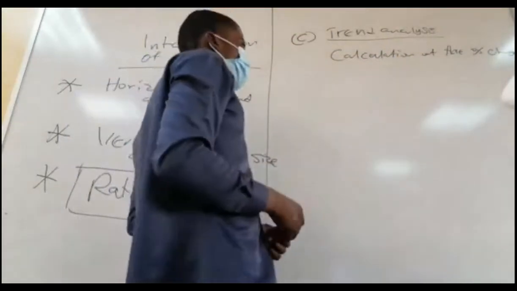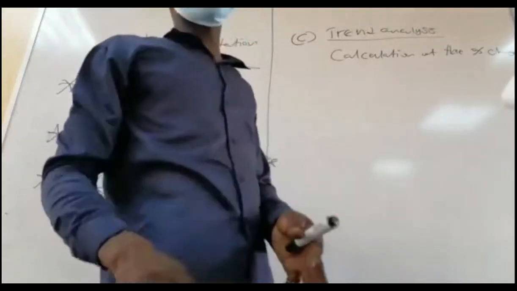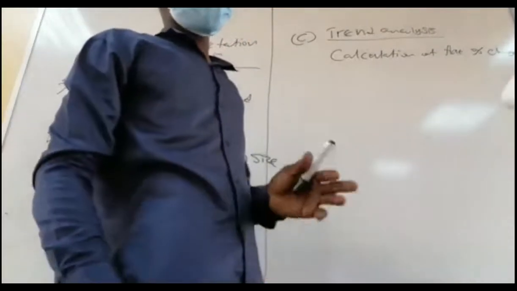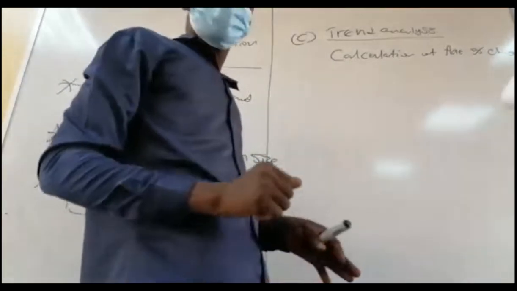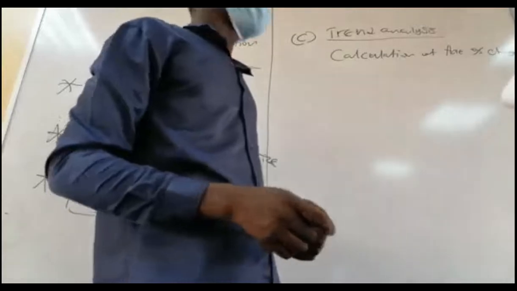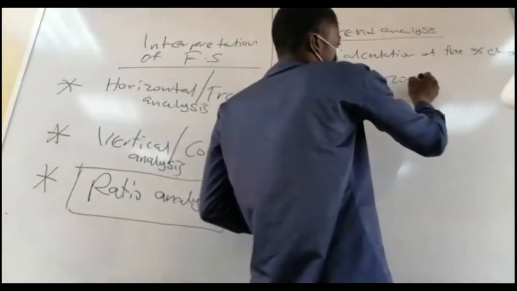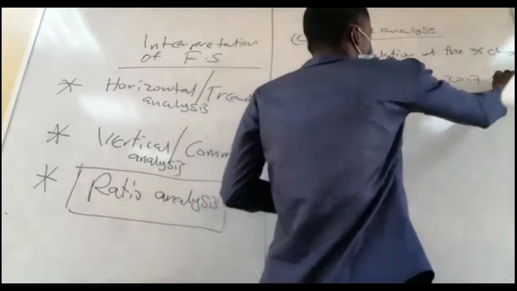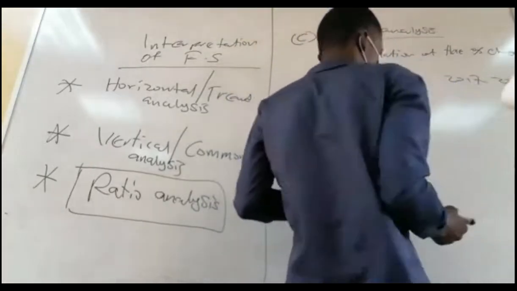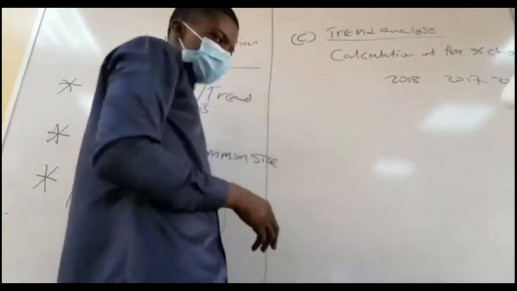Now, you have to arrange the years in order so as not to confuse you. Yes, and that order will be based on how the examiner arranges it. Usually, we want something like this: current year, maybe 2018, 2017, 2016, 2015. But if the examiner has not arranged the question like this, you can also do this.